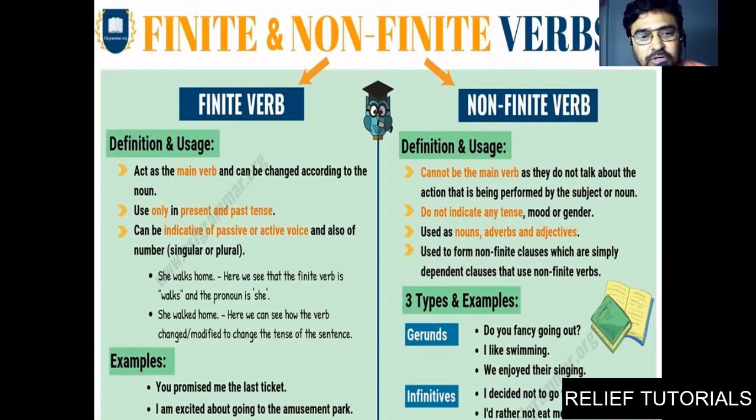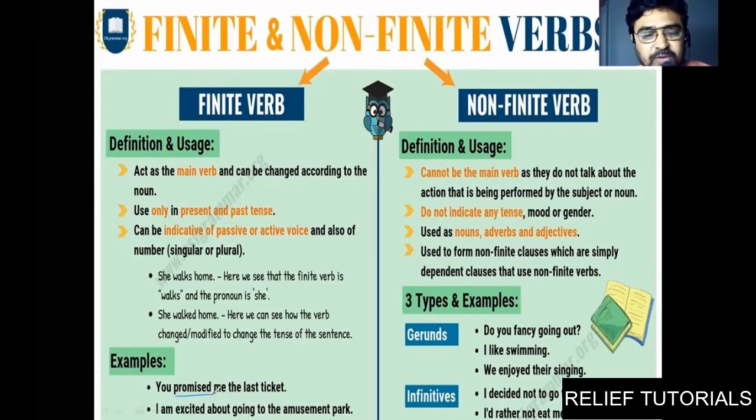Then it is used only in present and past tense. As you can see, "you promised" here, promised is past tense. The main form is promise, but it is now used in past tense.